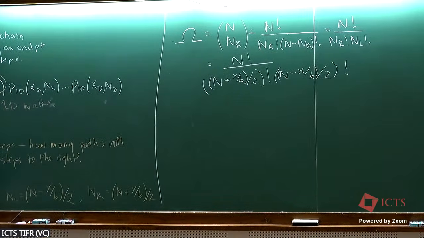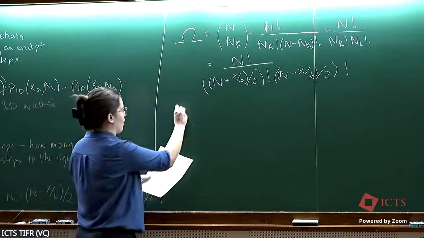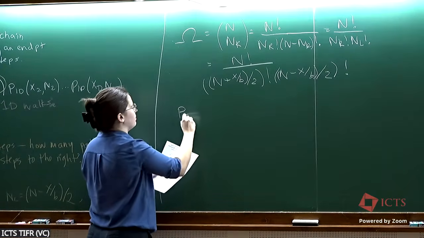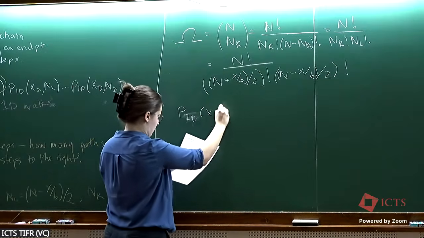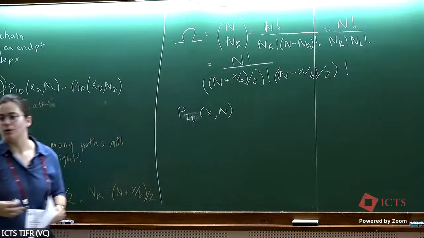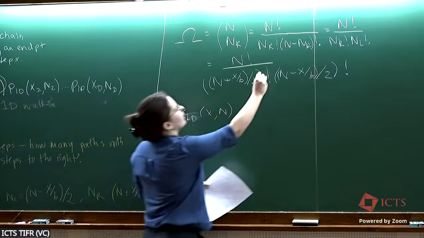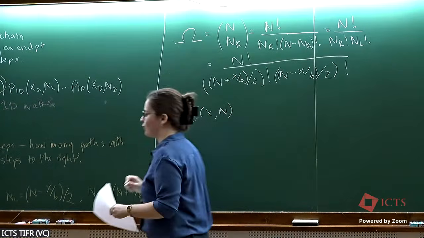And if we want to now go to the probability in 1D of x_n, all we have to do is divide by the total number of paths that exist. And because we're just in 1D, that's quite straightforward. Sorry about my messy handwriting here. It's just dividing by 2 to the n.